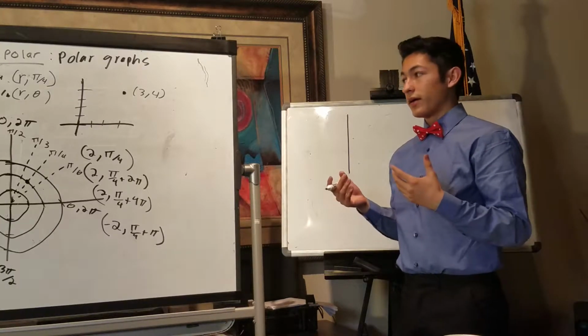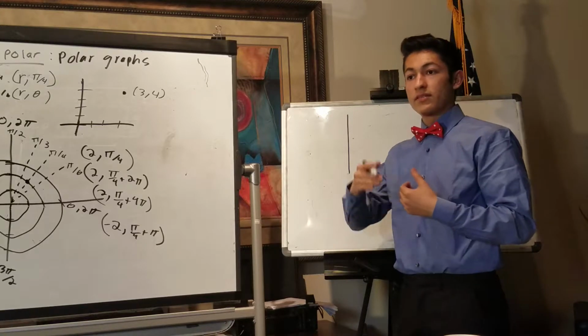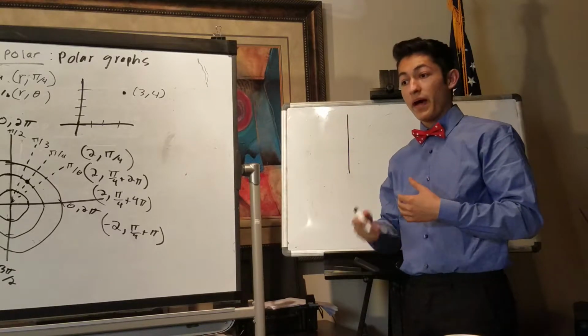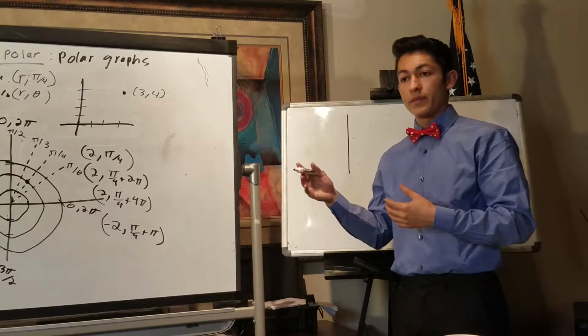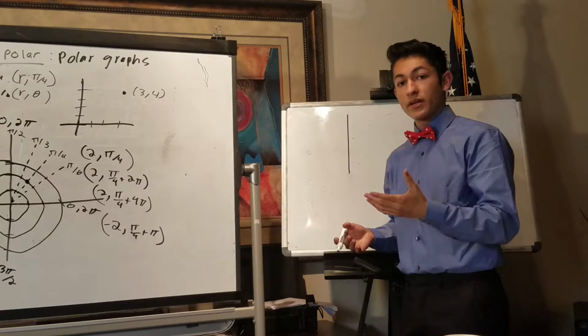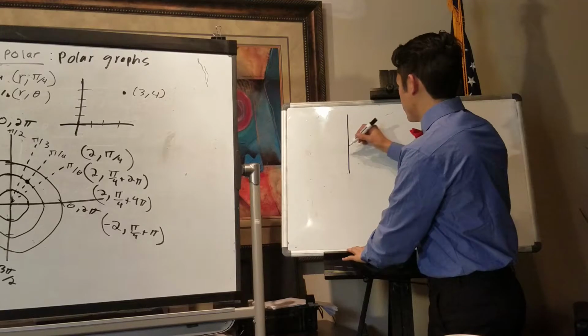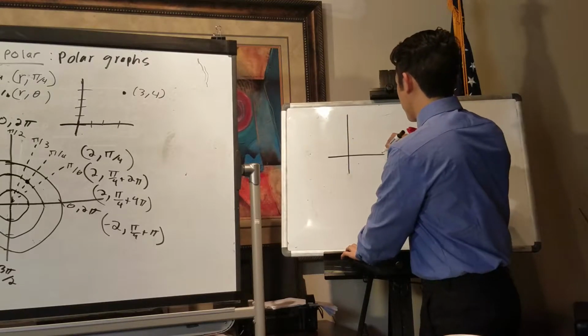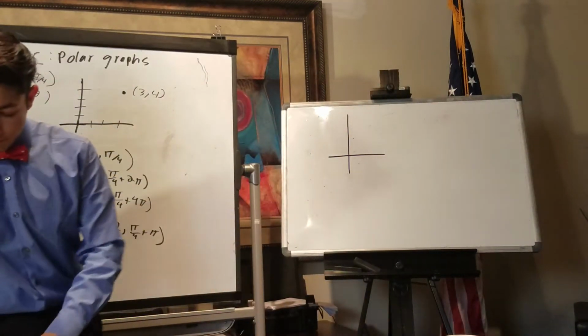So we need to know the concept of rotation to see when the graph comes back to the point where it began so that we know where it started and ended.